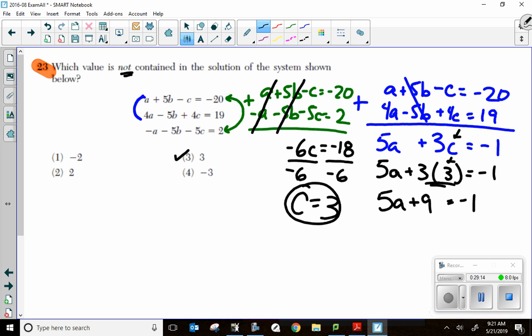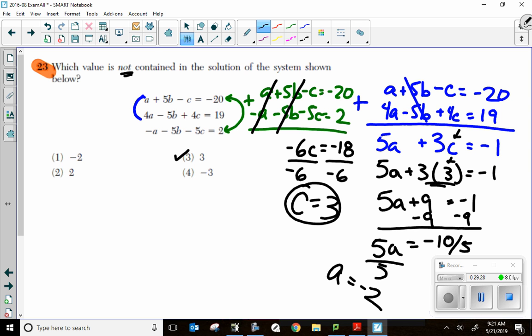All right. Well, I'll do it this way. I know what the answer is going to be, but let's subtract 9. 5a equals -10. So if I divide by 5, a equals -2. Sweetness. I would have an issue if I came up with A and C and they were not listed, but I'm feeling good.